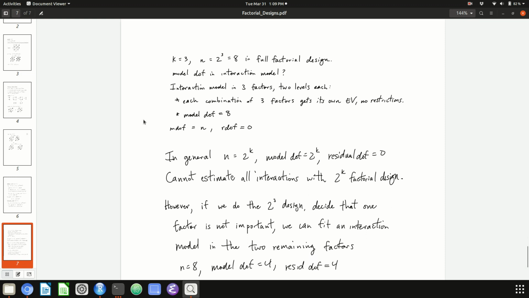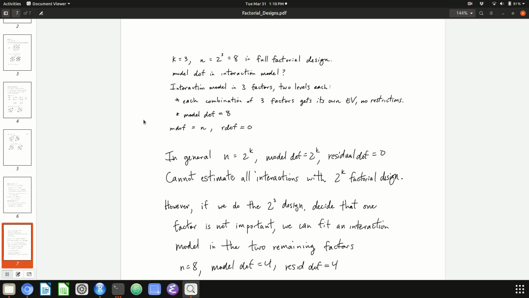Things are even worse if you have a fractional factorial design. You simply can't fit a full interaction model with a 2 to the 3 minus 1 design, because you would have 4 observations in that design, and the full interaction model has 8 model degrees of freedom.